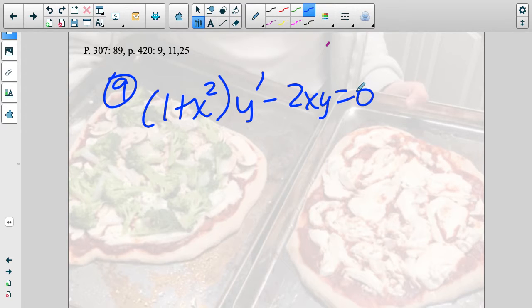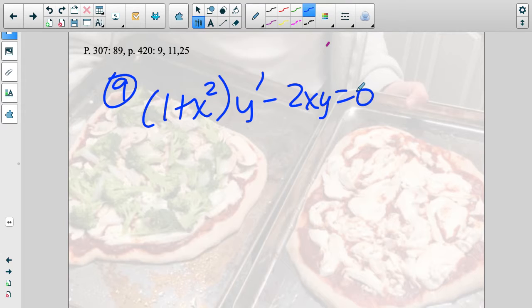And our job here is to solve the differential equation. I'm trying to get used to the terminology, the language. It could say solve the differential equation, which means you want to know y. Find the particular solution means not only do you want to know y, you've still got a point to plug in, you're not going to have just a plus c. So I got a lot of separation of variables to do here, which is why I didn't assign this for homework. I just wanted to model this for you.